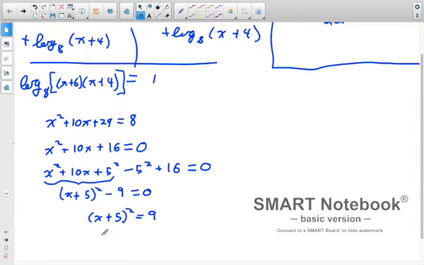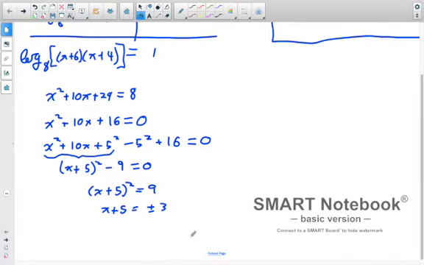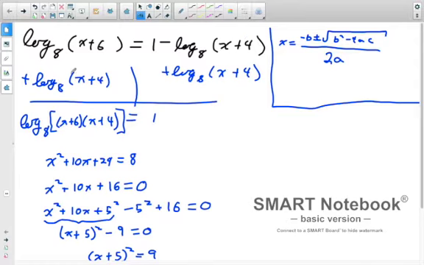Take the square root of both sides. x plus 5 equals plus or minus 3, and then subtracting 5 from both sides, leaving us with x equals negative 5 plus or minus 3, meaning that x is either negative 2 or negative 8. So we then just have to go up here and plug in to see which one works.